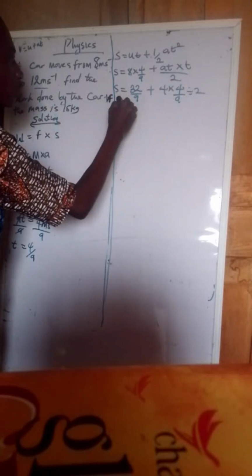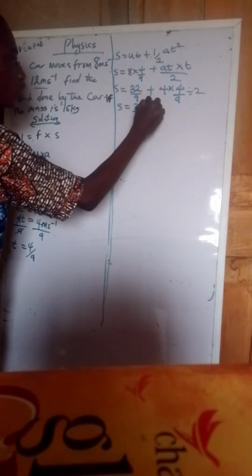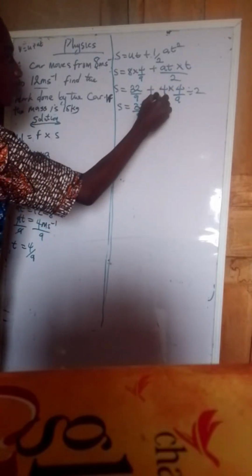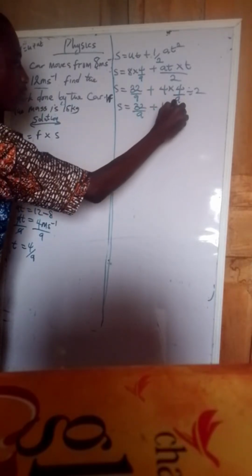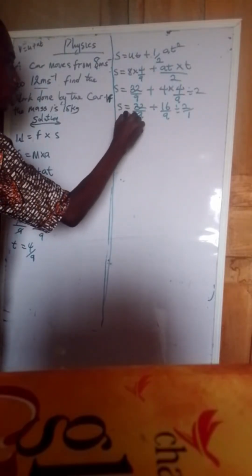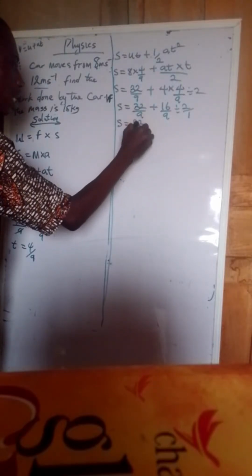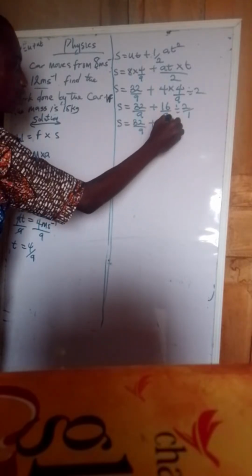Then x is going to be 32 over a plus 4 times 4 over a, that will give us 16 over a divided by 2 over 1. Then x is going to be 32 over a plus 16 over a times 1 over 2.